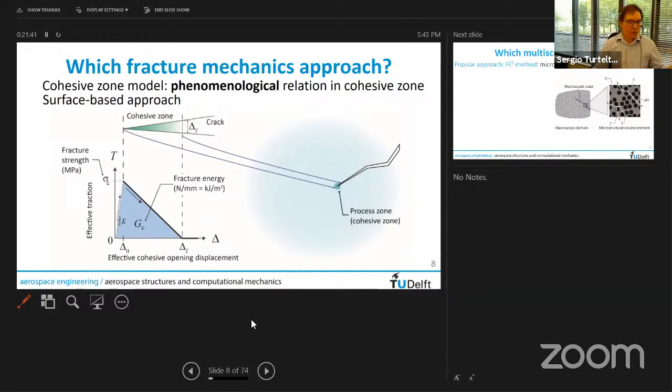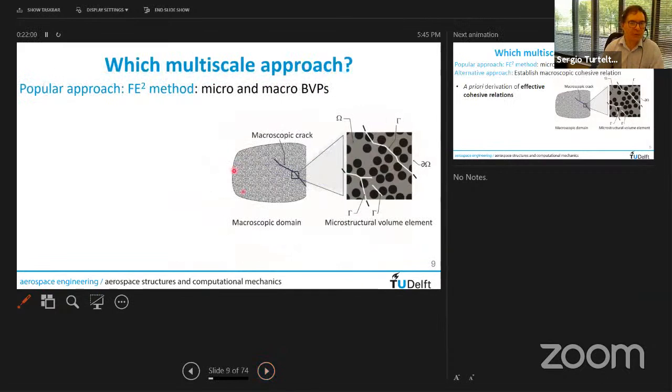How do we connect this to multiscale modeling? This would be the modeling that I'm going to use for the fracture part. Then the other choice is what type of multiscale modeling we are going to use. A rather popular one is the so-called FE square approach. That means you have to solve two finite element problems, one at the so-called macro scale and another one at the micro scale.